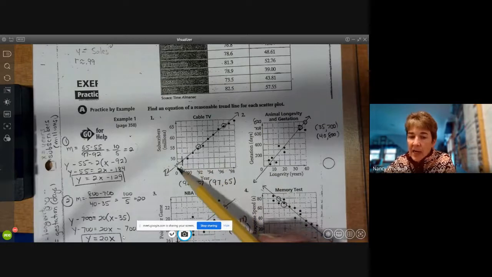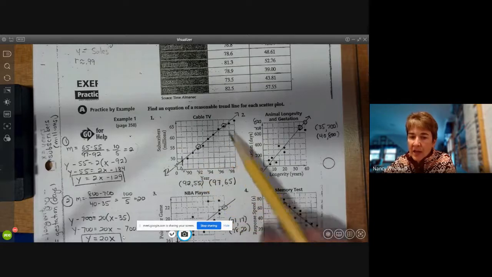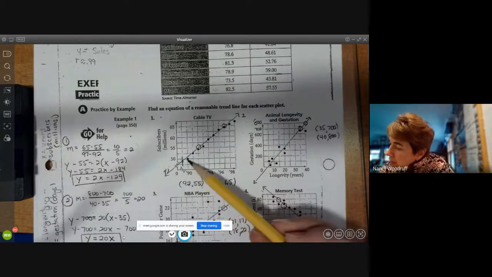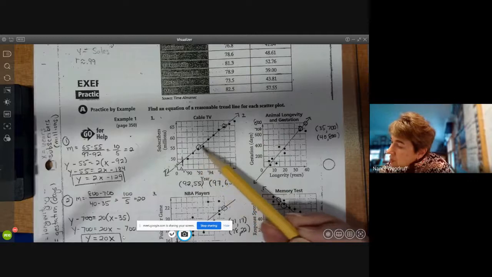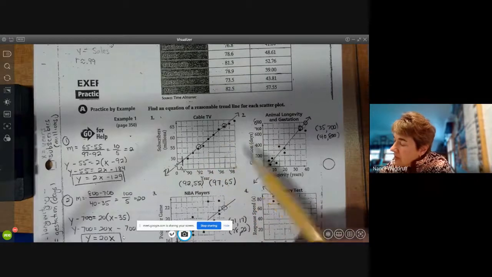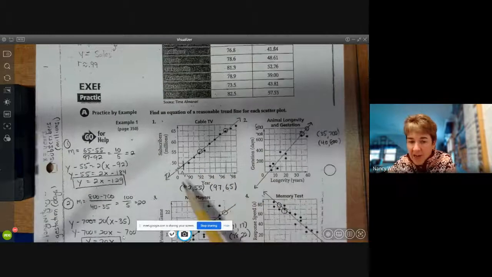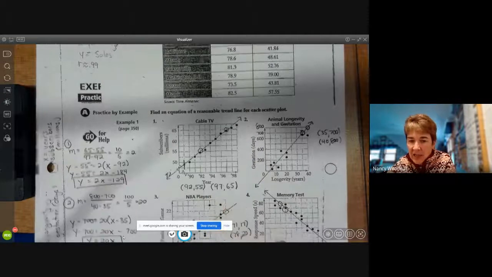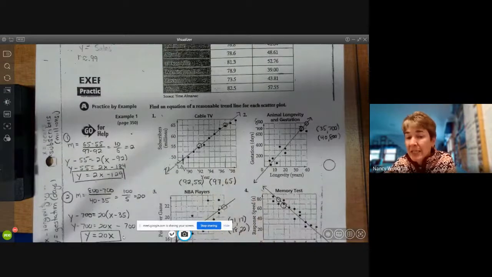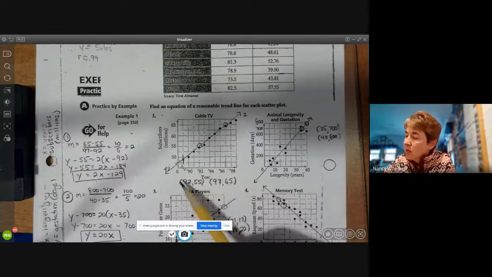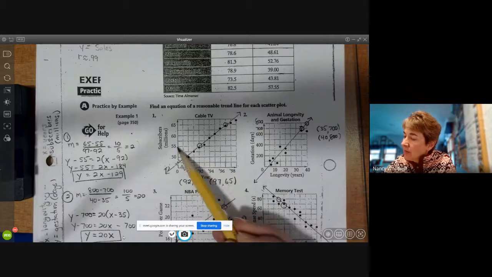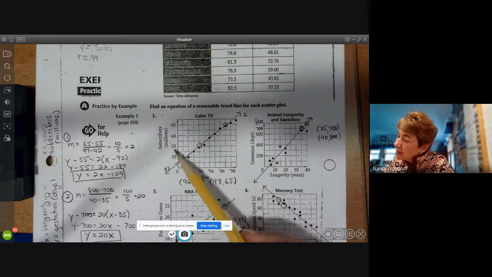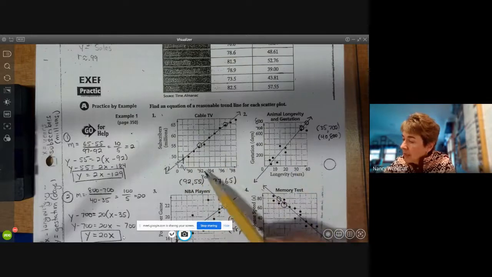Now, once I drew the trend line in, I go up my trend line looking for the 2 closest points that are in the crosshair so that I can name them easily. So they don't have to be data points, but they need to be as close to on your line as possible. So I'm going to pick the year 92 and 55. So in 1992, there were 55 million subscribers to cable TV, basically.